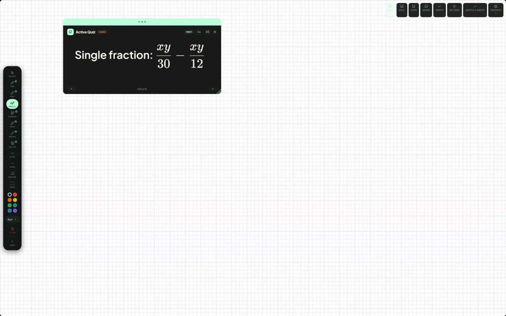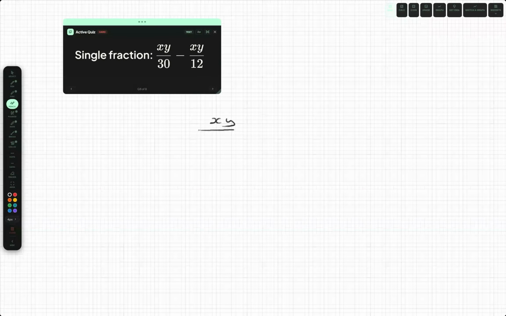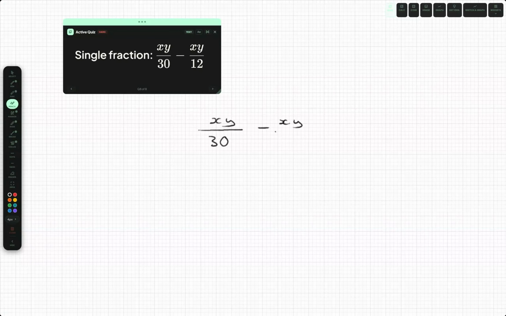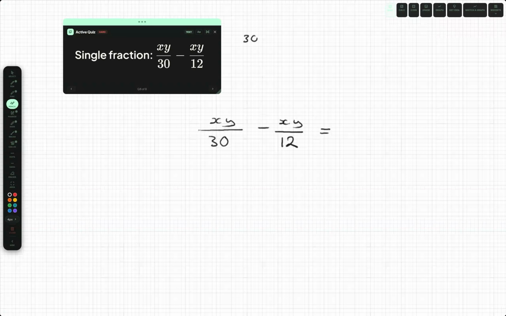Okay, here's our last one. So we have xy over 30 minus xy over 12. Now, what's the common multiple between both of these? We can list out the multiples of 30. Well, we have 30, then we have 60. That sounds pretty good to me.